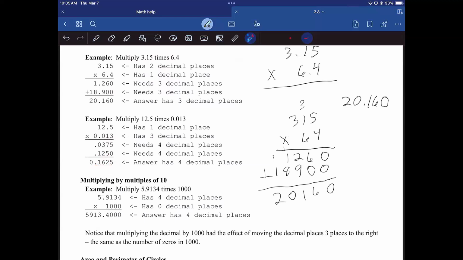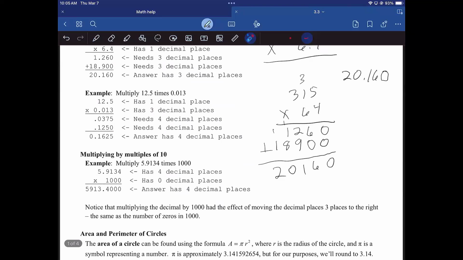Or 3, excuse me. So on this, I have 1, 2, 3, 4. Yeah, because there's 3 and 1, 4. My brain itched for a minute for no reason.